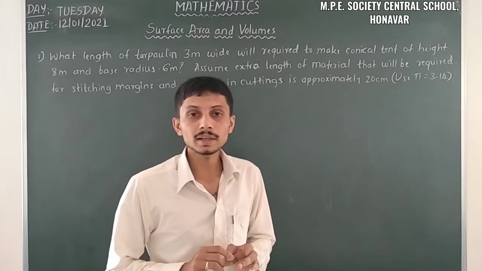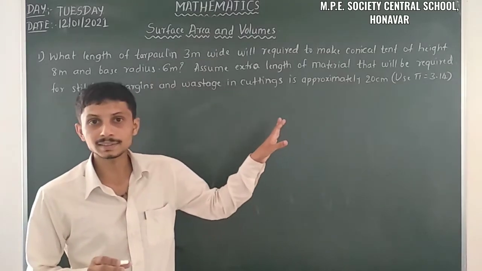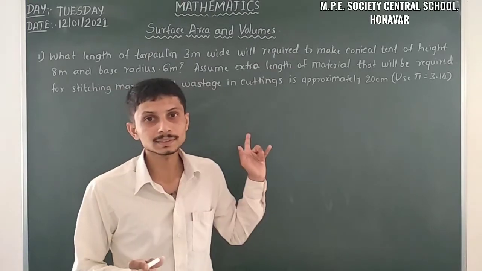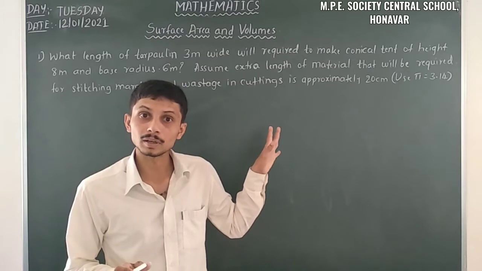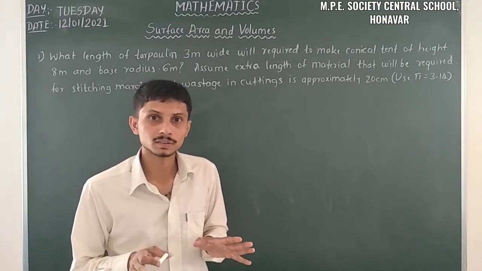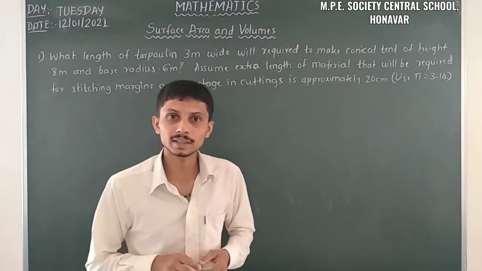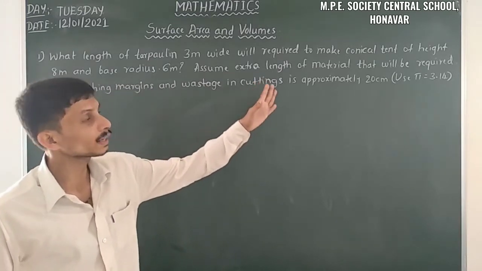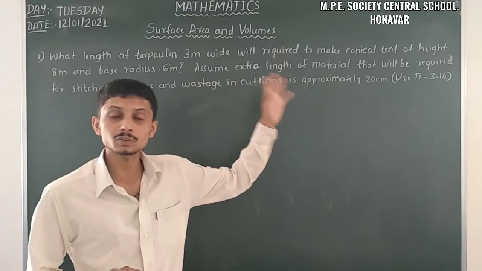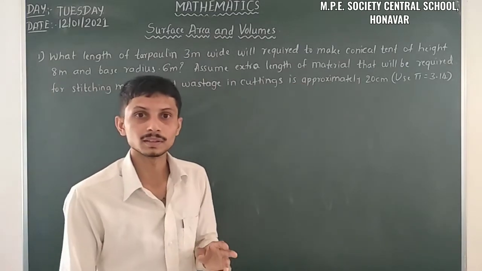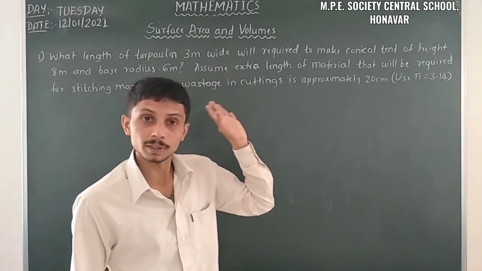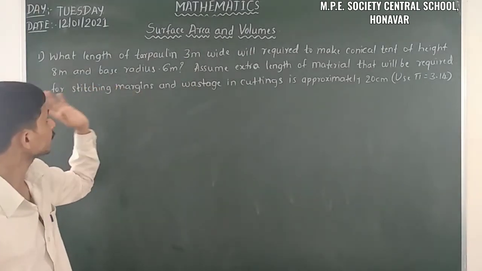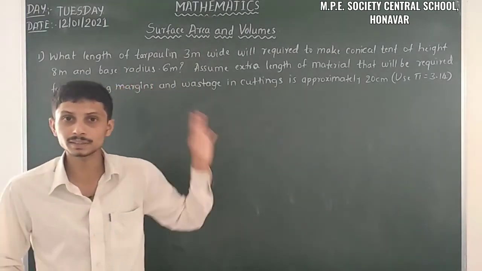Here it is 3 meter wide, that means the breadth of that rectangular tarpaulin is 3 meter, but the length is not given, so we can take it as L. Then we have to make that conical tent using this rectangular tarpaulin. The height of this conical tent is given as 8 meter and the base radius is 6 meter.